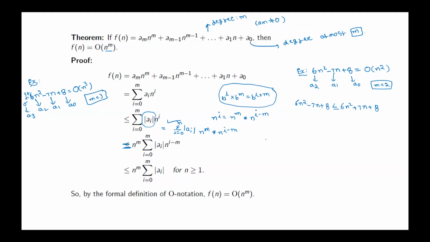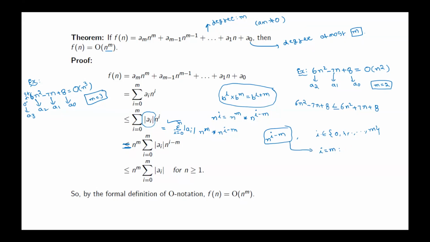Now, what can you say about the value of n power i minus m? We know that i varies from 0 to m. What is the maximum value of this? When i equals m, what is n power i minus m?